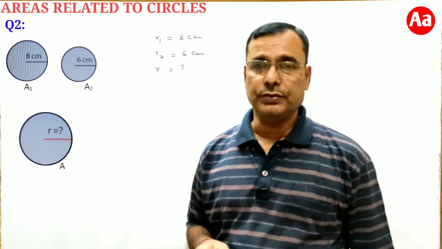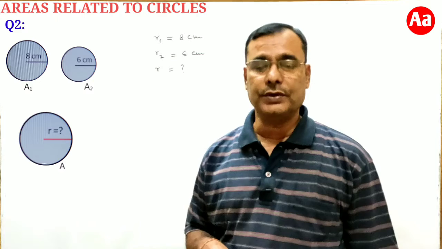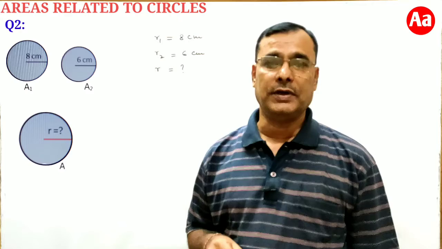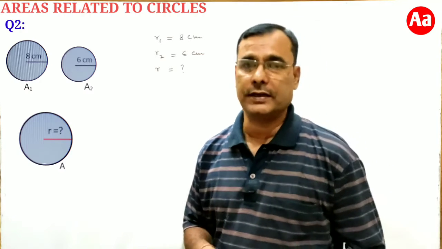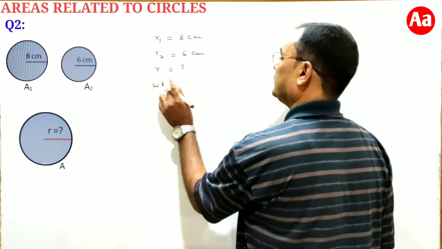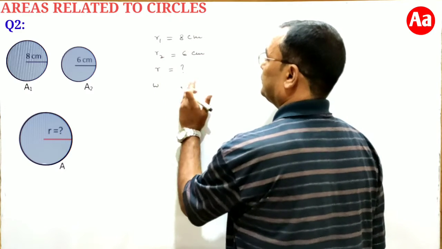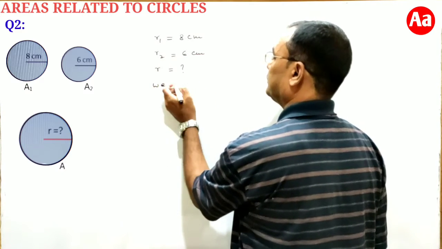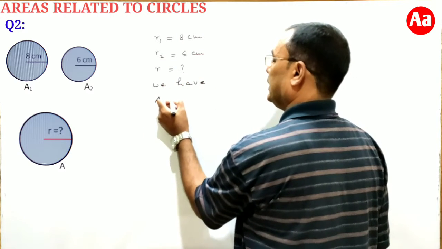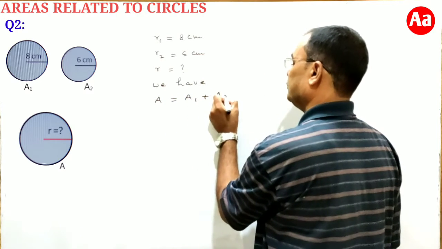If A1, A2 denote the areas of two given circles and A denote the area of new circle which is equal to sum of areas of the two given circles, then we have A equal to A1 plus A2.